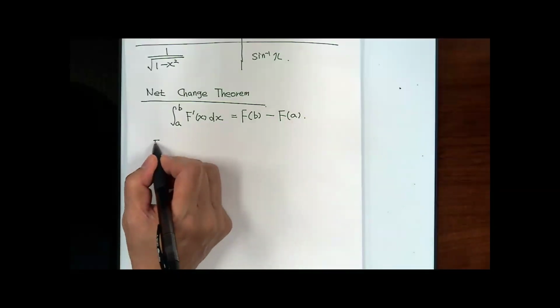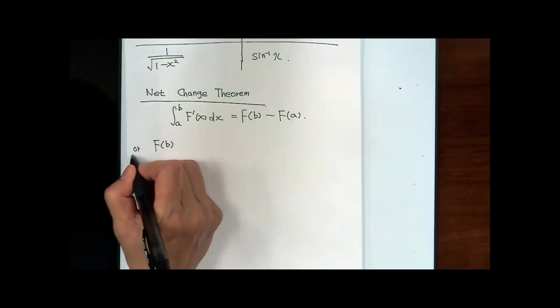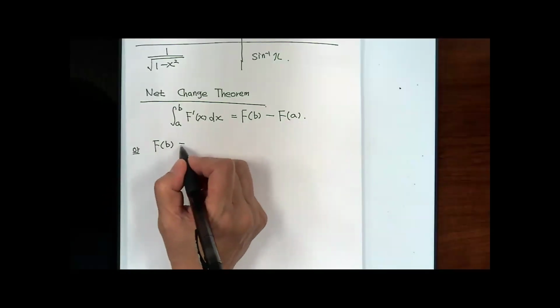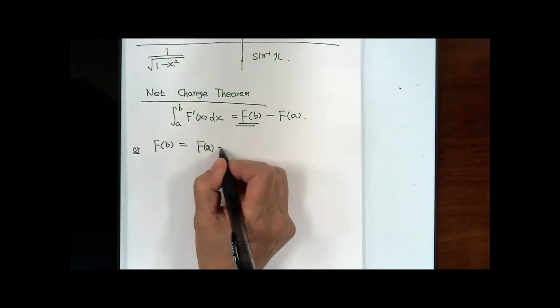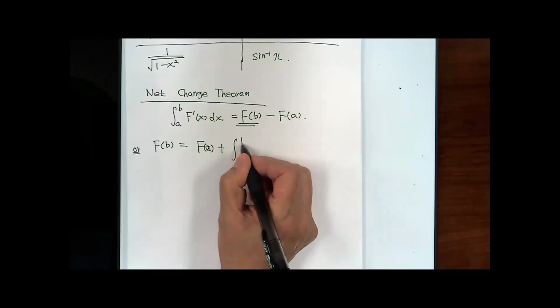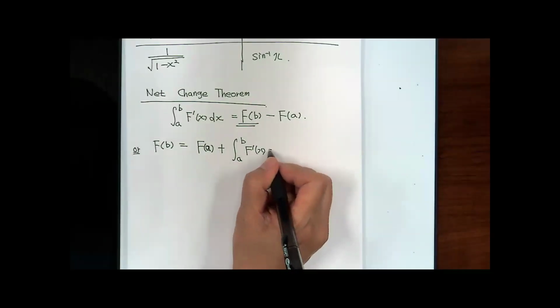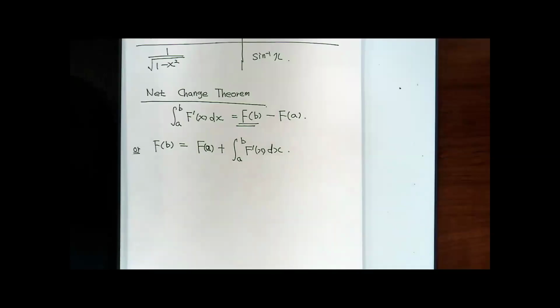In other words, the function value at b is function value at a plus integration a to b f prime of x dx. Just integrate the differentiated function. So that's the net change theorem.